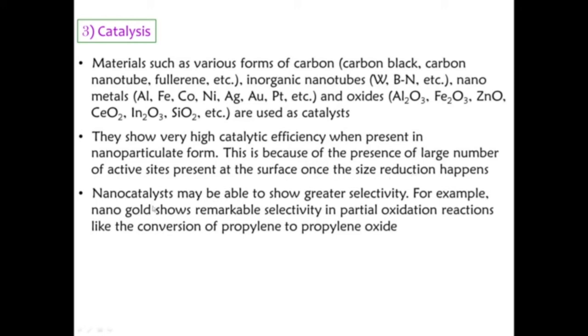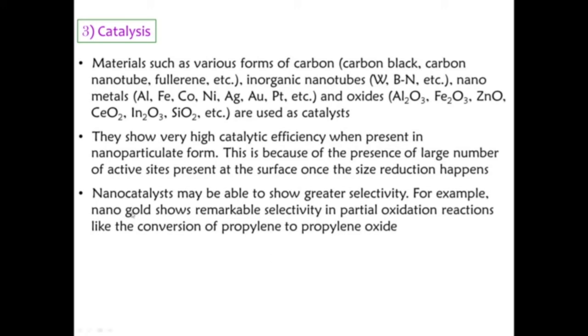And the third point, nanocatalysts may be able to show greater selectivity. The selectivity can be controlled. For example, if we take a nanomaterial, we can use that nanomaterial for a particular purpose only. So it will give catalytic property with only certain particular materials. So we can tune the catalytic property of the material.